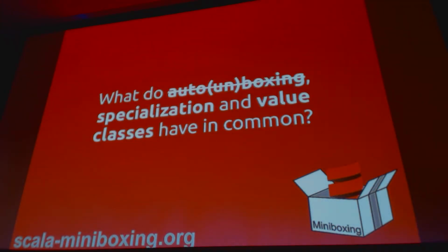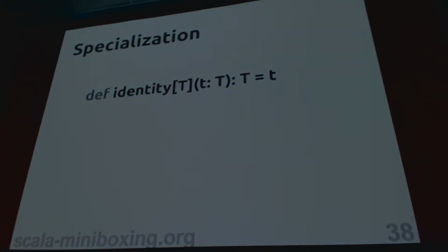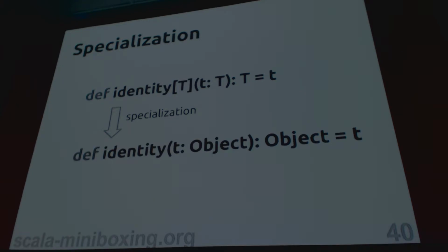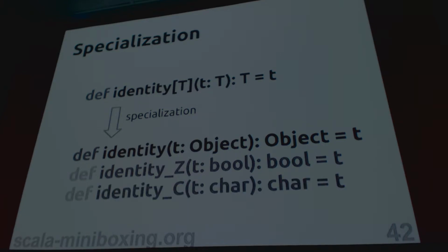Now that we know what autoboxing is, let's look at specialization. Specialization, again, I come up with this example over and over again. Through specialization, we not only get one method that takes an object and returns an object, the erased version of the method, but also other variants. For example, for booleans or for characters, we get different variants.